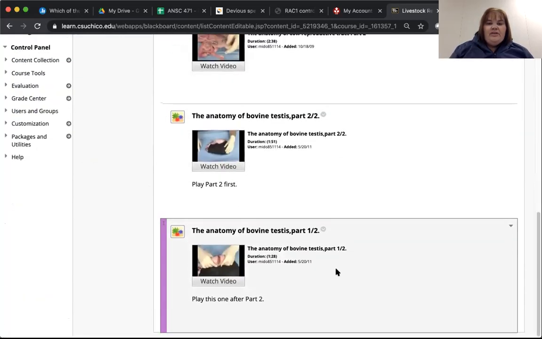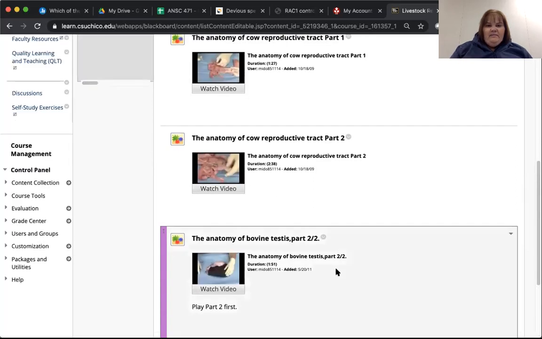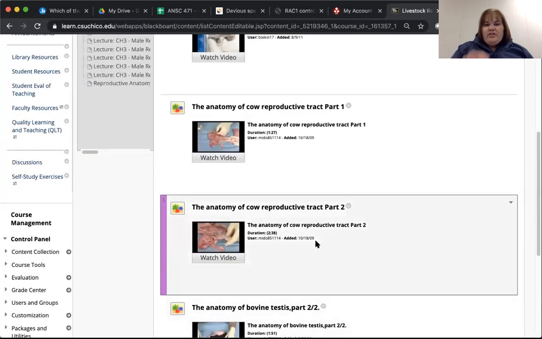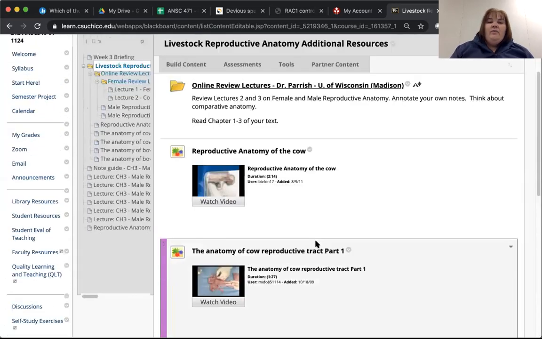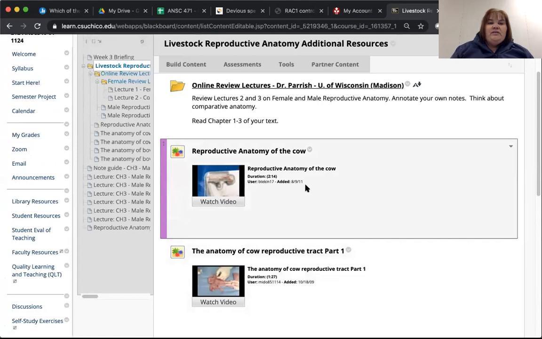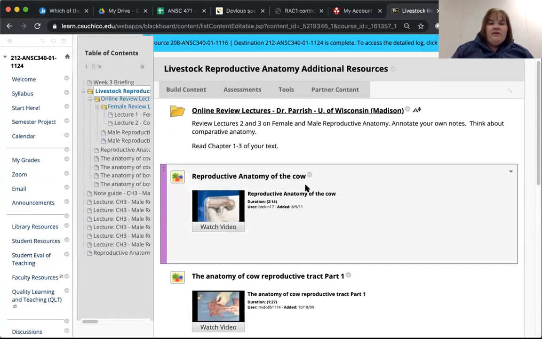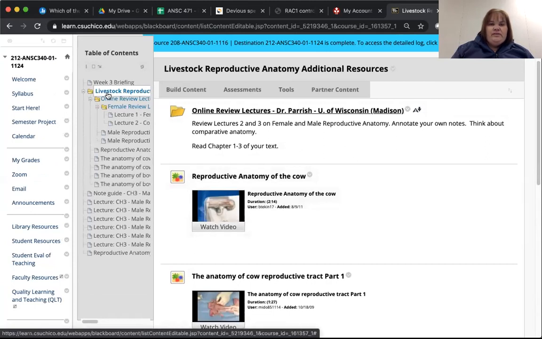And so you can actually watch the dissection of bovine testes. There's also some information in here from the female chapter as well, with anatomy of the cow, etc. So this is just a folder. It's available to you if you want some additional resources.